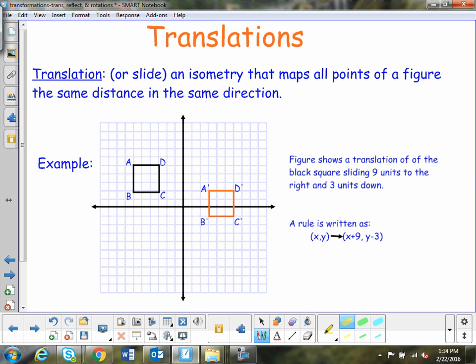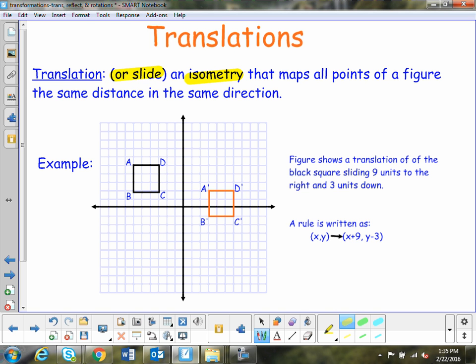This one is just slides. It's going to be an isometry, the shapes are going to be identical. Nothing changes in size. If one point slides 10 units, all of the points have to slide 10 units if you're dealing with a polygon of some sort.